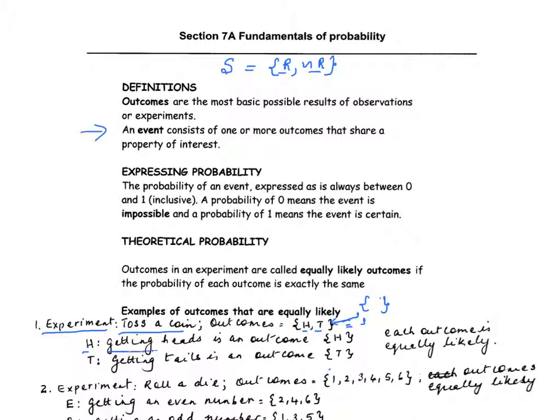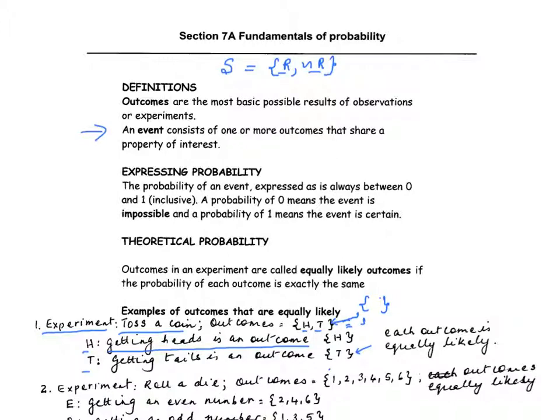It's the event of getting heads. So that's an outcome. That could also be called an event. T is getting tails, and that is an outcome. And the event can also be written as a set containing T.